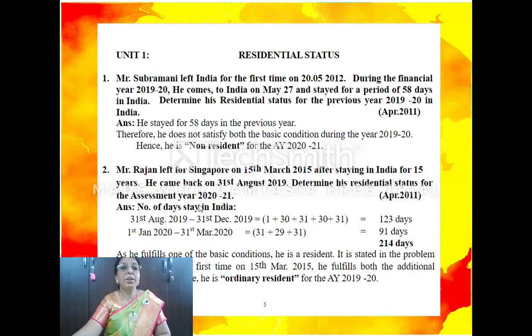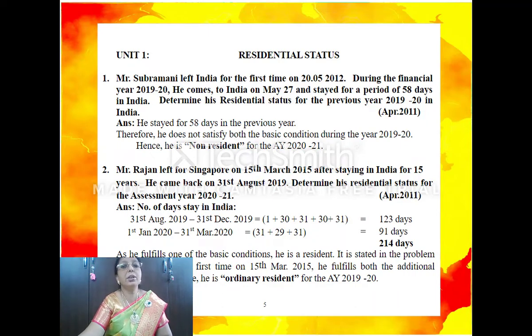The previous year is 2019. If you take 10 years, he has been here till 2015 for 15 years. So surely 2 out of 10 years he will be a resident of India. So the first additional condition is fulfilled.